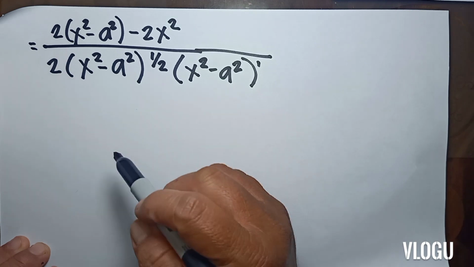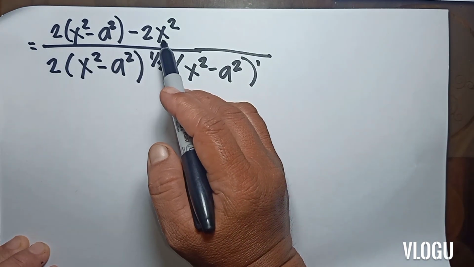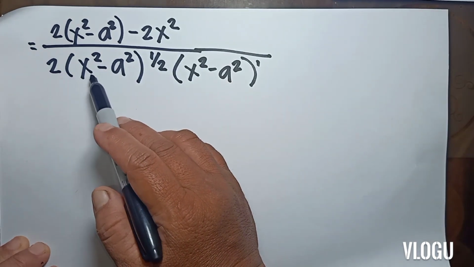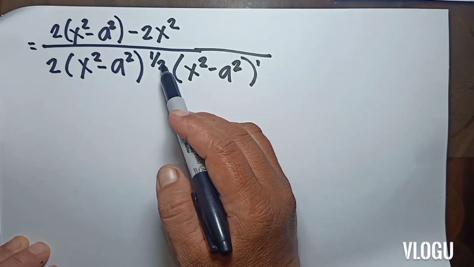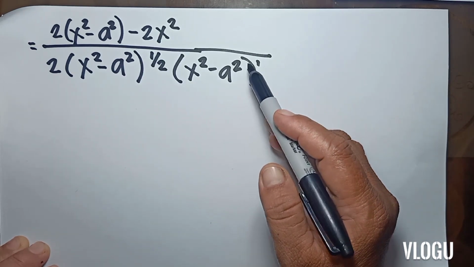So we have now a form of 2 times x squared minus a squared, minus 2x squared, all over 2 times x squared minus a squared raised to 1/2 times x squared minus a squared.